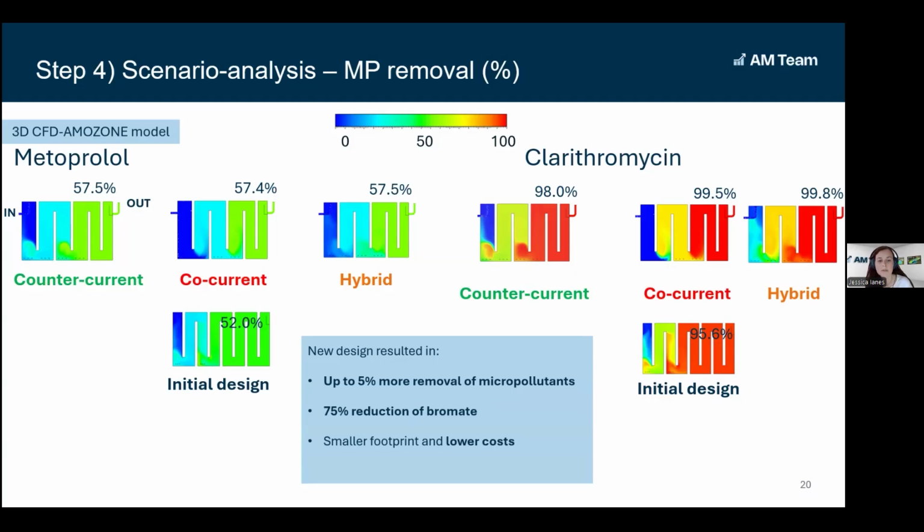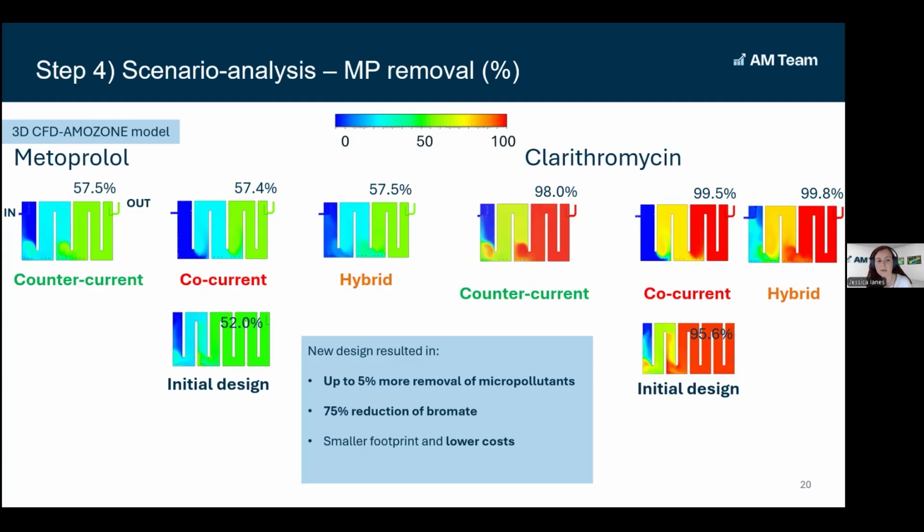And also thanks to what we could observe in terms of ozone residuals, but also if we look at the micropollutant removal and bromate formation, we see after the 4th chamber, the results are quite similar and stay constant in the subsequent chambers.